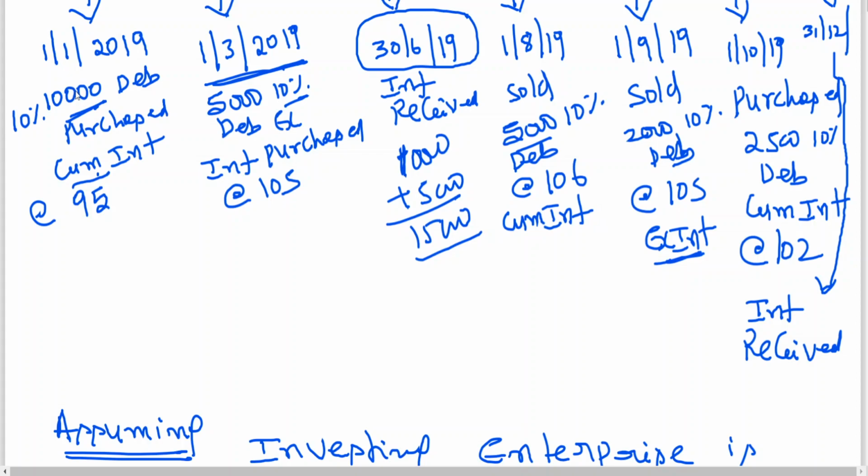Now you can understand: 10,000 debentures purchased, 10,000 plus 5,000, 15,000. 15,000 minus 5,000 sold, 10,000 you are having as balance, then 2,000 sold. 10 plus 5, 15. 15 minus 5, 10. 10 minus 2, 8,000, sorry. 8,000 plus 2,500. Clear to all of you?